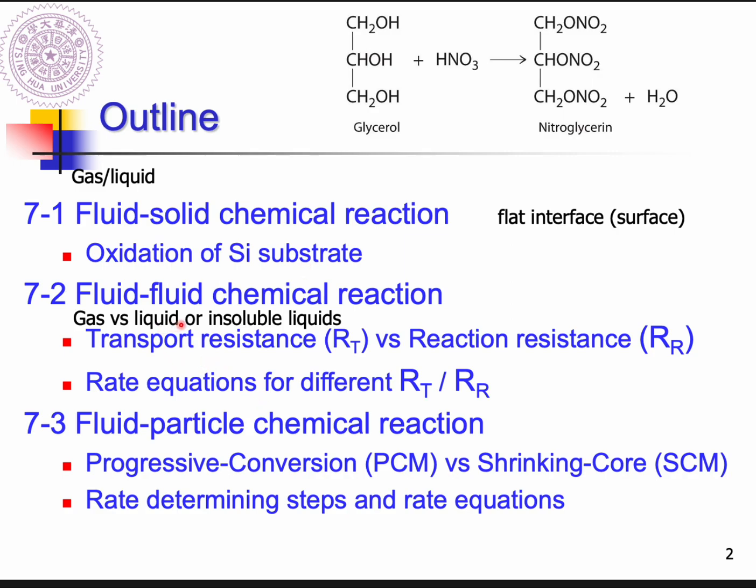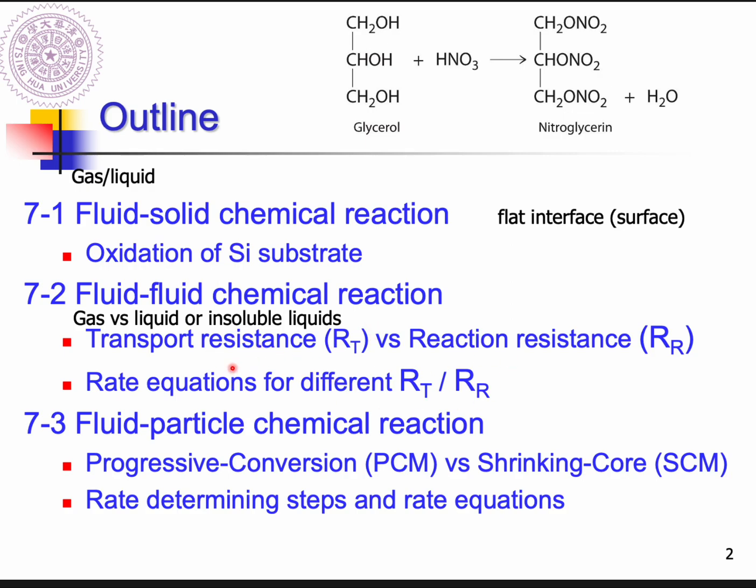So we will have the transport part, and as long as the oxygen arrives at the surface of the silicon substrate, it can start chemical reactions. So you have this transport time plus the reaction time, and you need to see which one is faster, or whether both spend similar time.